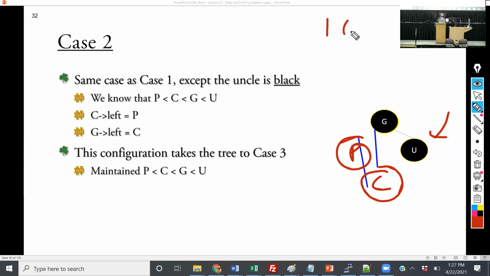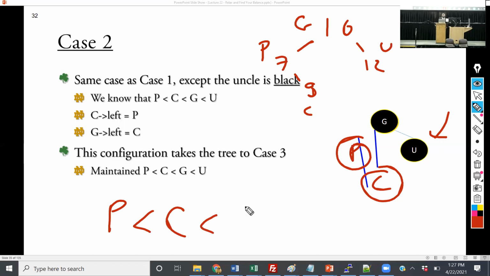If this was 10, this would be 7, this would be 8, this would be 12. So the grandparent is 10, parent is 7, child is 8, uncle is 12. And so the ordering is parent is less than child, is less than grandparent, is less than uncle. Does that make sense to everybody so far?